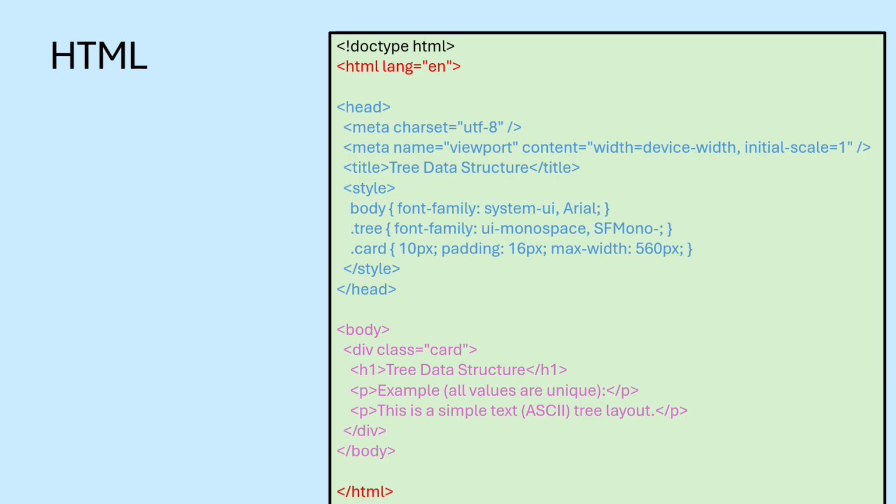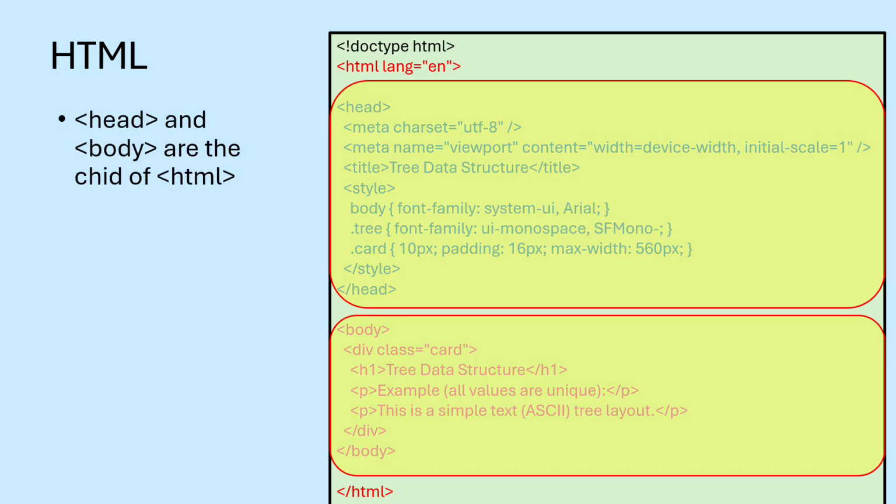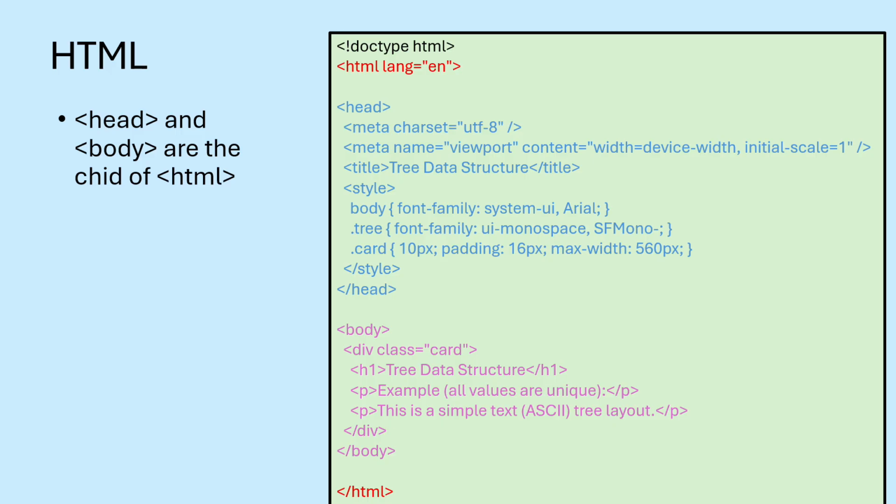In our HTML document, as you can see, we've got the HTML, and inside we've got the head and the body. Now, the head and the body are the children of HTML. If we look closely at the head, let's say the style is inside the head.